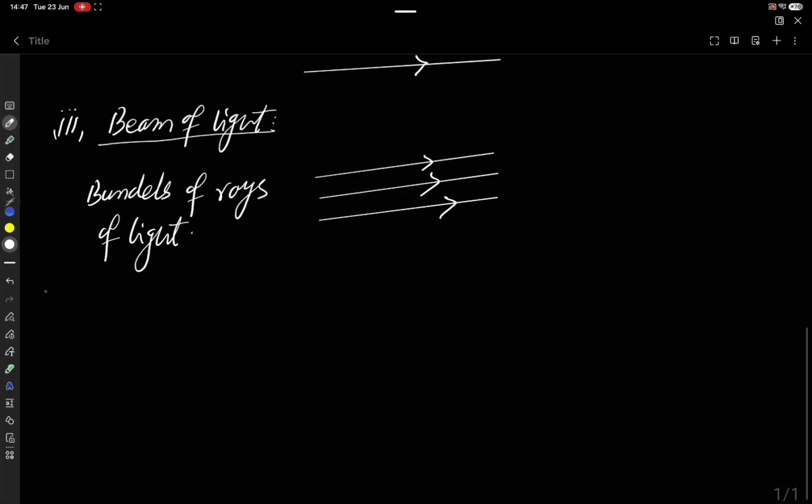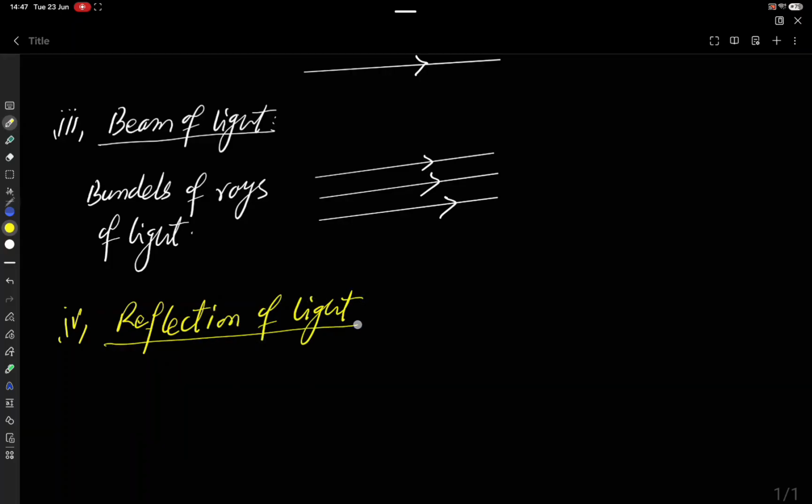Now the reflection of light: bounce back of a light from a surface.